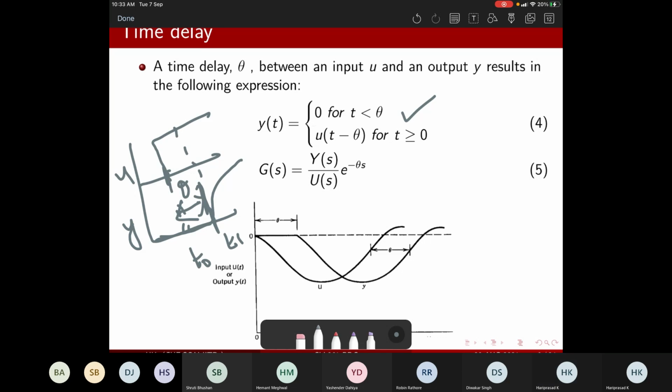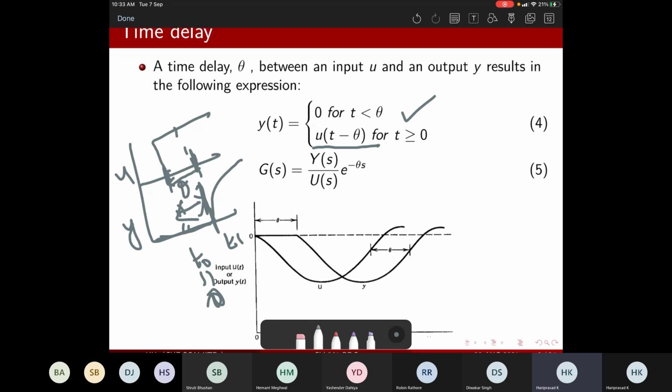Okay. So let's say this is the starting time. Let t naught be equal to 0. Then eventually what would happen? Your output would be u of t minus theta. So your u is here, but your output is theta behind that.